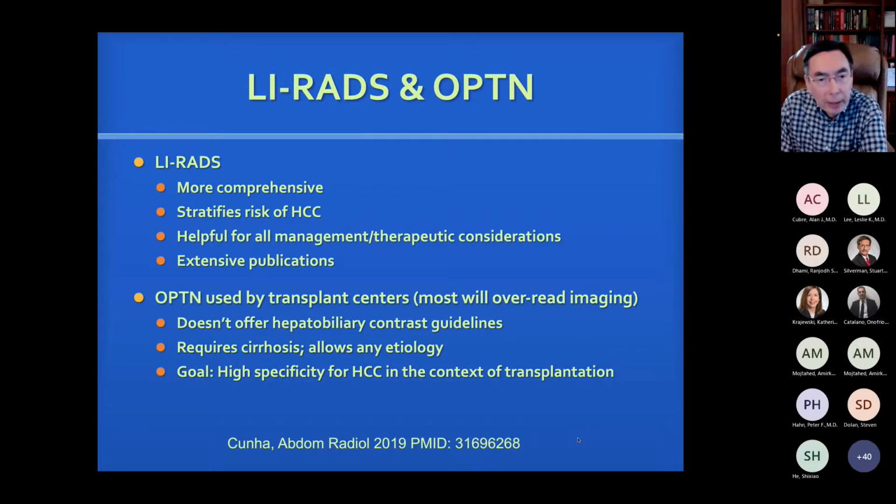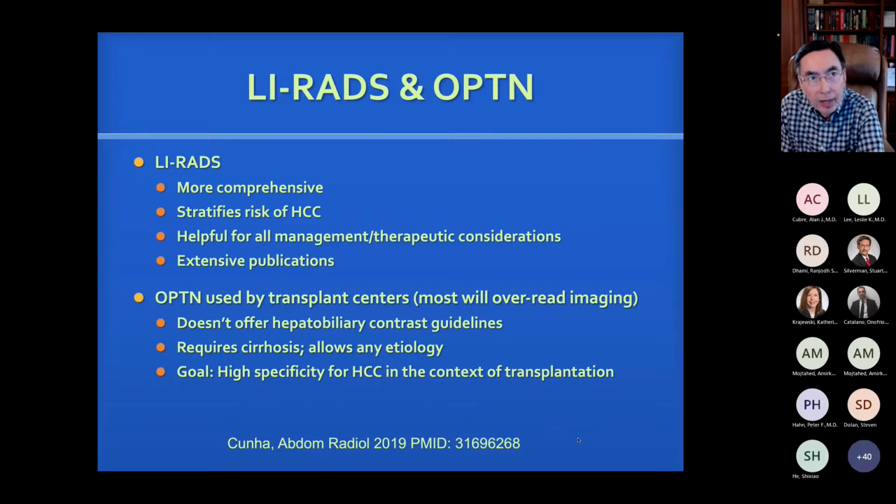So with OPTN, this has been what was required, of course, by transplant centers to classify lesions and establish exception points for HCC. It didn't specify anything about hepatobiliary contrast, although it certainly allowed for it. It just didn't comment on it. And interestingly, with OPTN, they required cirrhosis to apply their imaging criteria, but they didn't specify what type of cirrhosis.